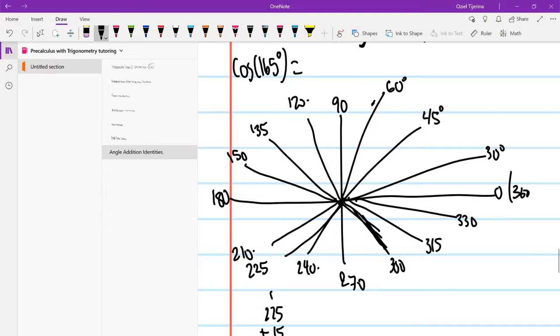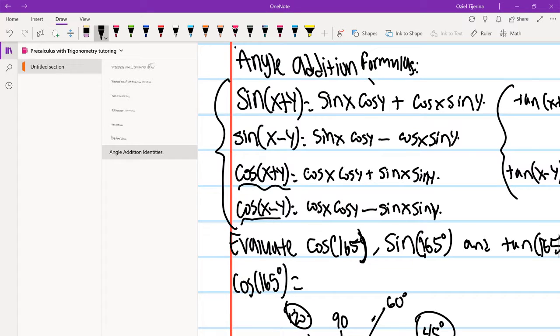So this is the same as saying this formula right here.